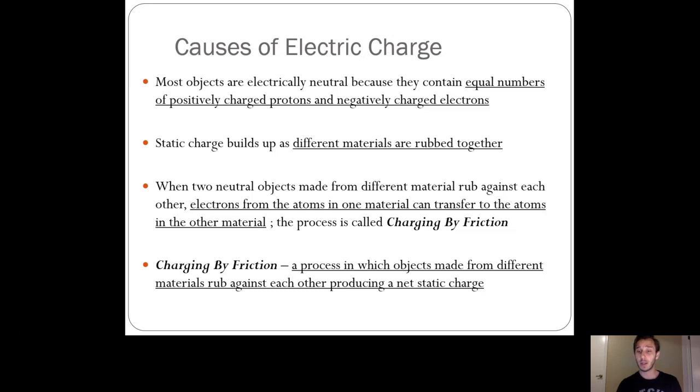And that process is called charging by friction, okay? And that's a process in which objects are made from different materials. They rub against each other, okay? And they produce a net static charge because electrons are moved from one of the objects to the other, okay?